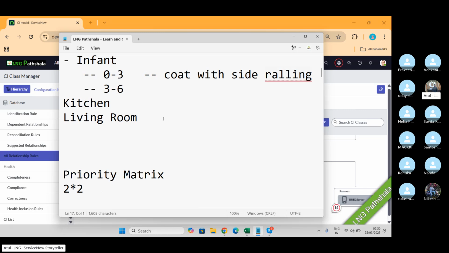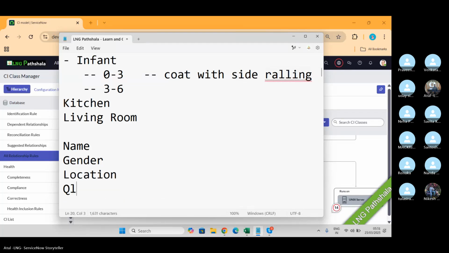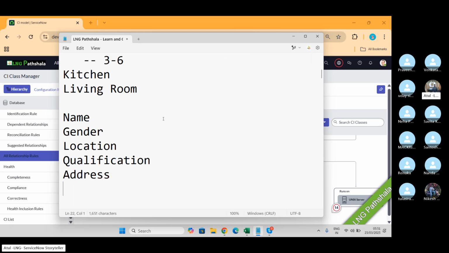I said, okay, can you fill this form? I gave this form to Savita and told her, can you fill this form? She said, okay.